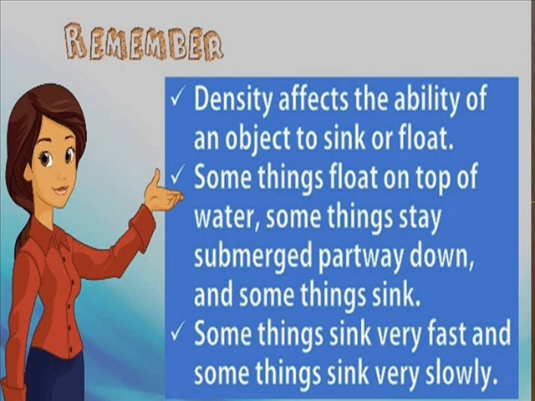Always remember that density affects the ability of an object to sink or float. Some things float on top of water, some things stay submerged partway down, and some things sink. Some things sink very fast, and some things sink very slowly.